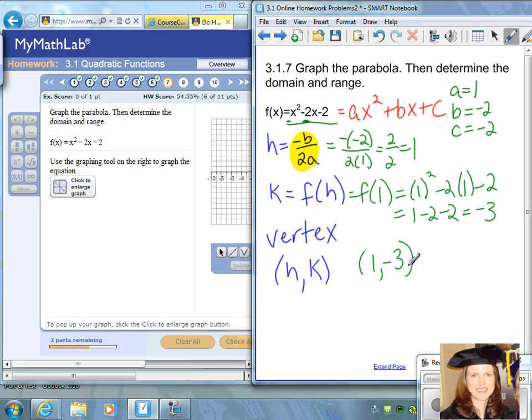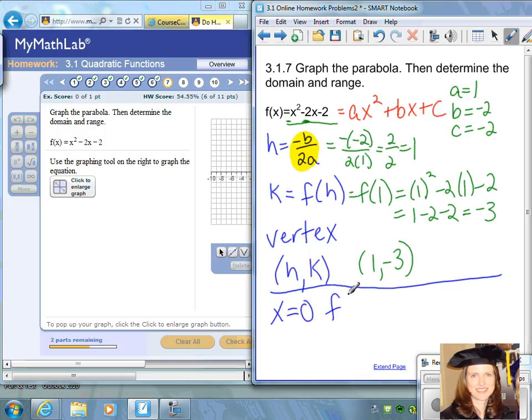To graph a parabola on MyMathLab, you only need 2 points. You need a vertex and you need one other point. Well, to get that point, there's many that you can choose from. What I like to do is choose an x value that's close to the vertex x value. For the vertex, the x value is 1, so I could choose something like when x equals 0, plug 0 into the function.